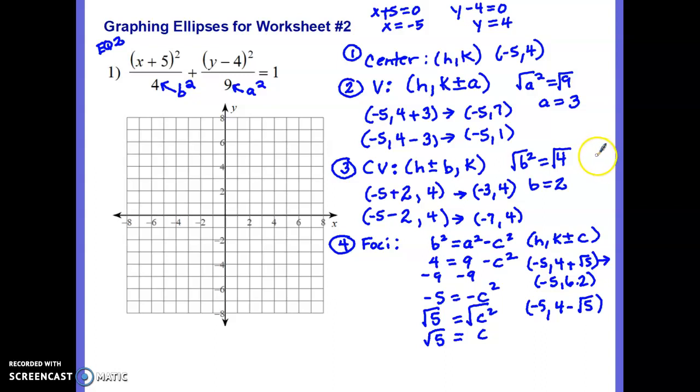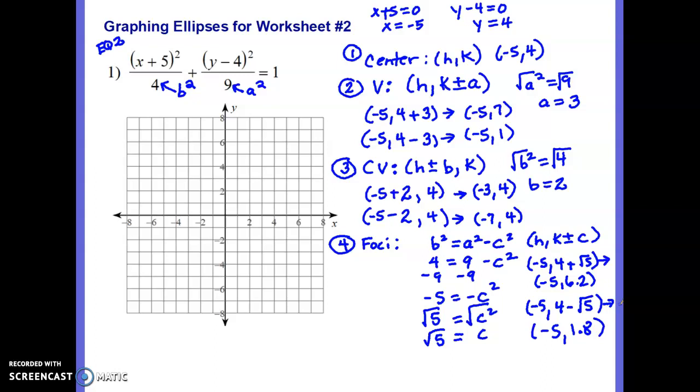It's like 1.76, so I'm going to call it 1.8. Okay, now I know where everything goes. So I got my foci, my center, I've got everything.